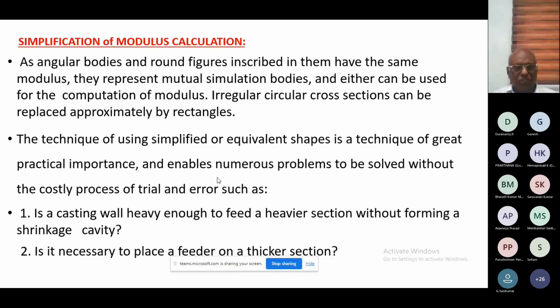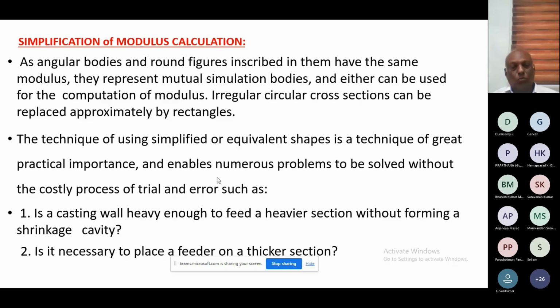The technique of using simplified or equivalent shapes is of great practical importance and enables numerous problems to be solved without the costly process of trial and error, such as, is a casting wall heavy enough to feed a heavier section without forming a shrinkage cavity?